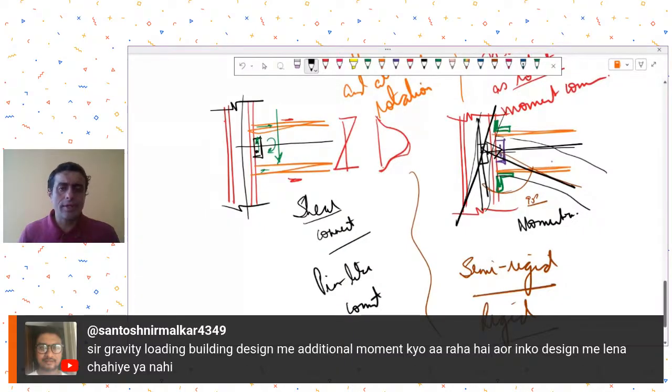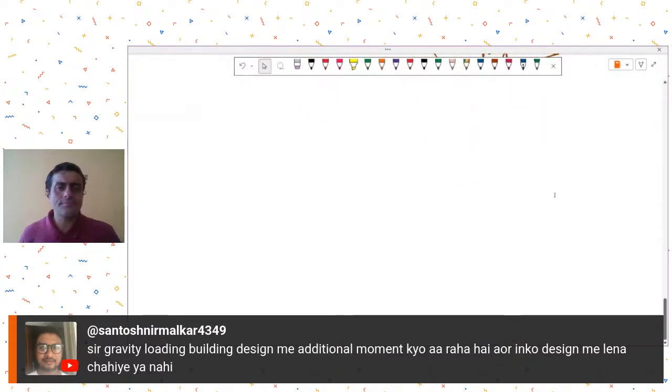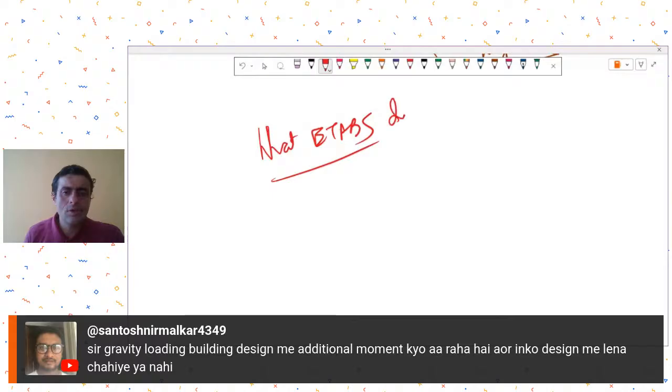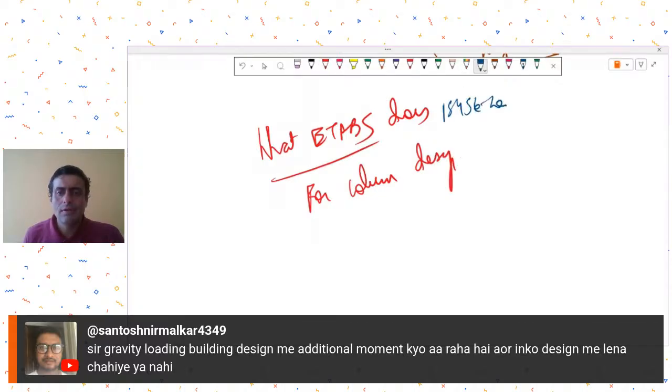See, under the effect of gravity load, what ETABS does is, for column design, and let's say I'm talking about IS 456 right now, it calculates the Q stability index.